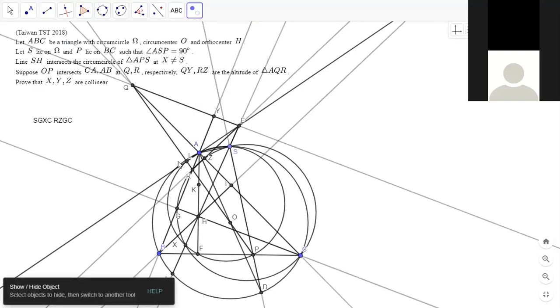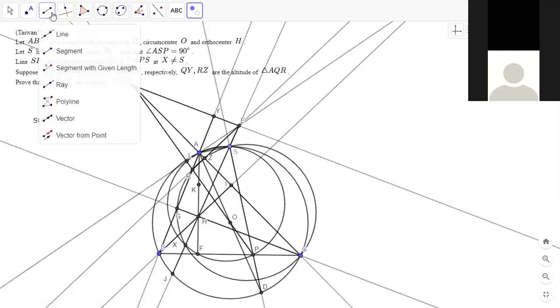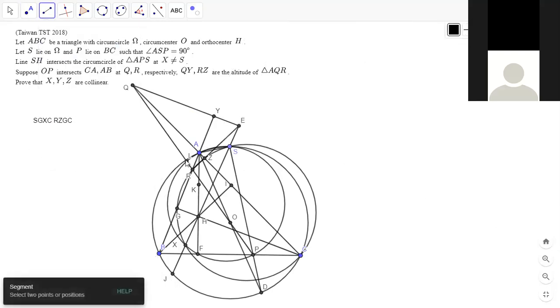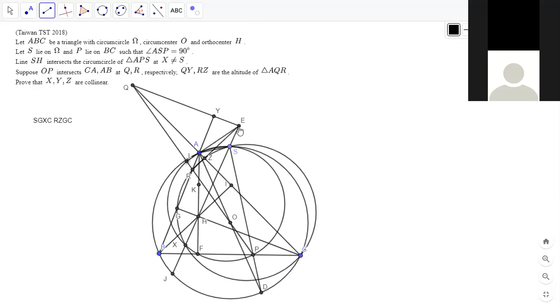So, let's see. Okay, now I think it's just Simpson line. So with point S, the Simpson line of point S. No, wait a minute.